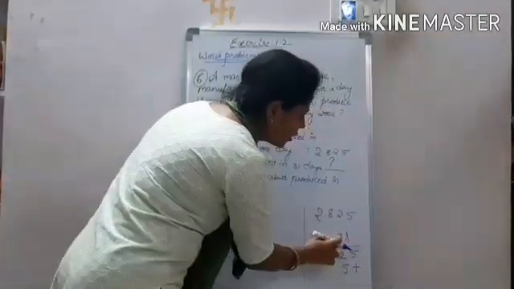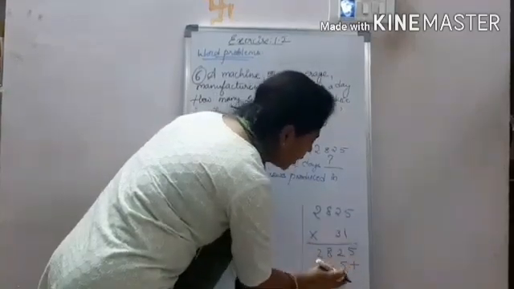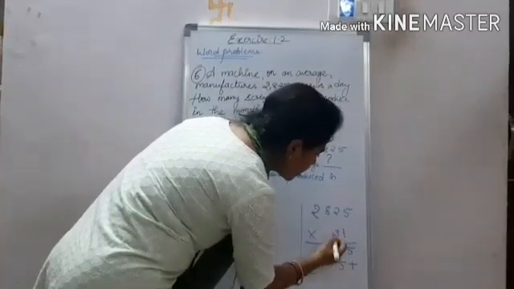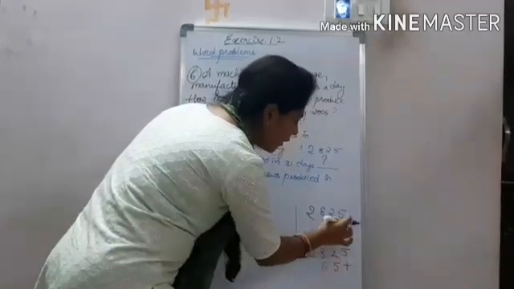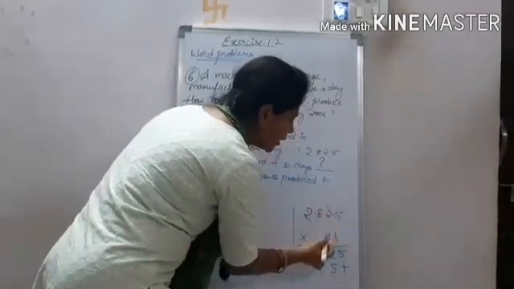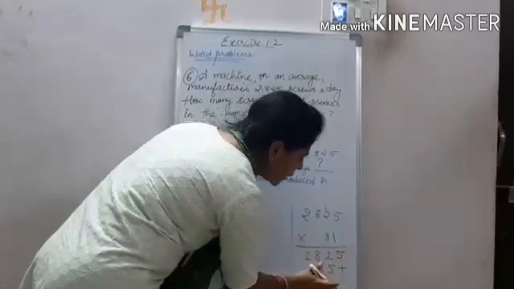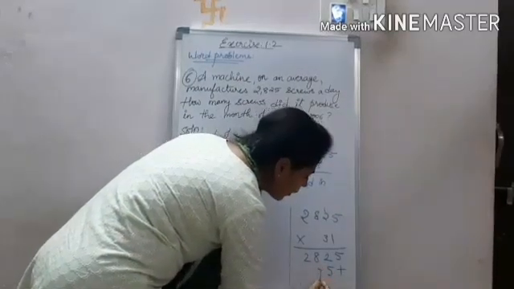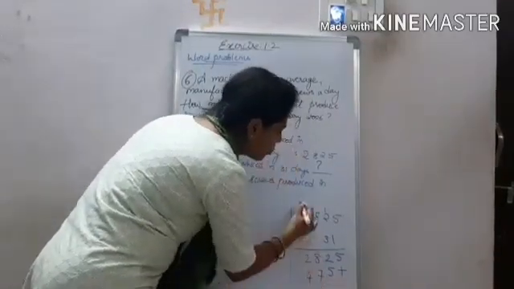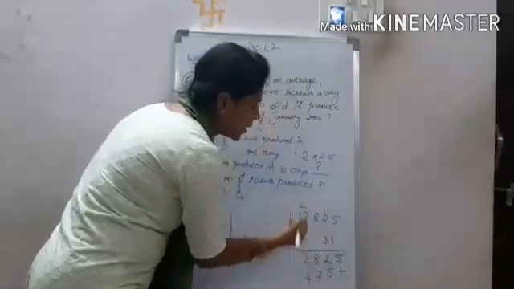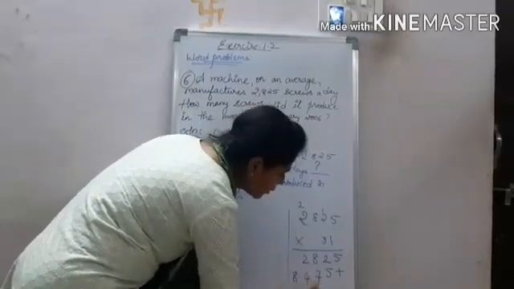Now here 3 2s are 6. Sorry, 3 5s are 15, 1 carry here, 3 2s are 6 plus 1, it will become 7. 3 8s are 24, 4, again 2 carry here, 3 2s are 6 and 2 it will become 8.